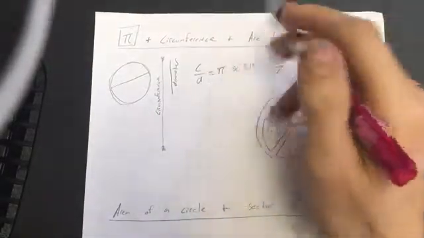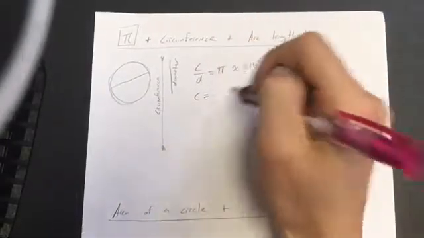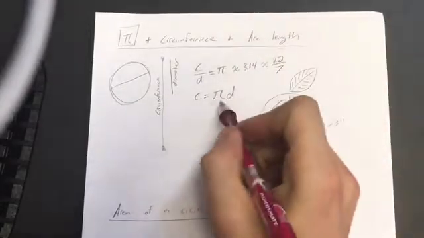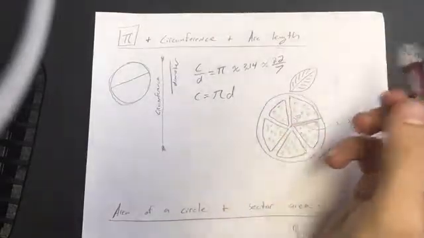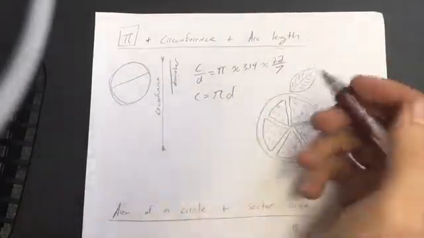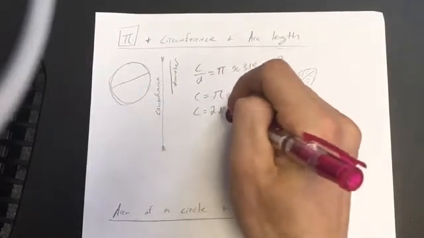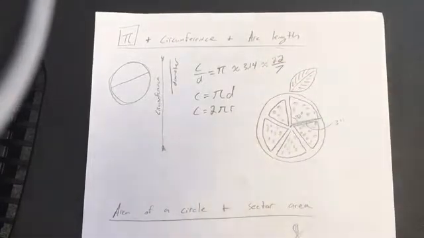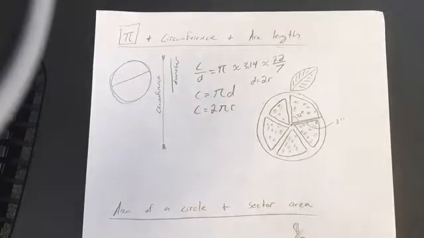We can rearrange this formula to figure out the circumference of a circle, given that we know pi and we know the diameter. The circumference is pi times diameter. We can also know that diameter is simply 2 times our radius, so the circumference is 2 pi times the radius, because diameter is equal to 2 radii.